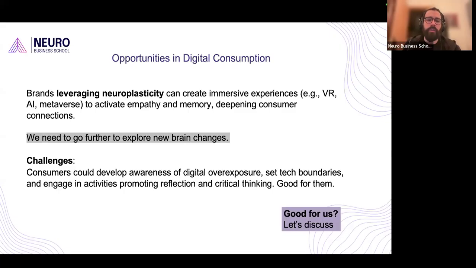deepening consumer connection. I remember that I told you before, we are constantly looking for connections. We are constantly looking for relevant elements, something emotional, because we need more and more. Our brain nowadays is thirsty for things because it's exponential.